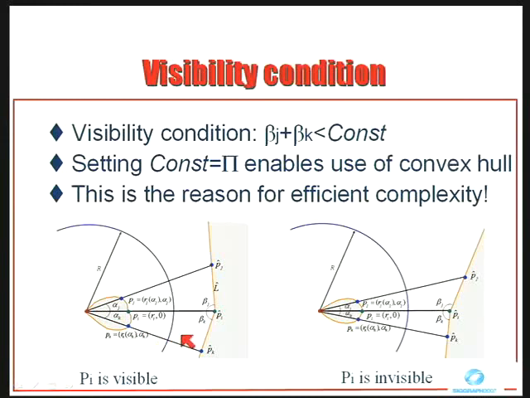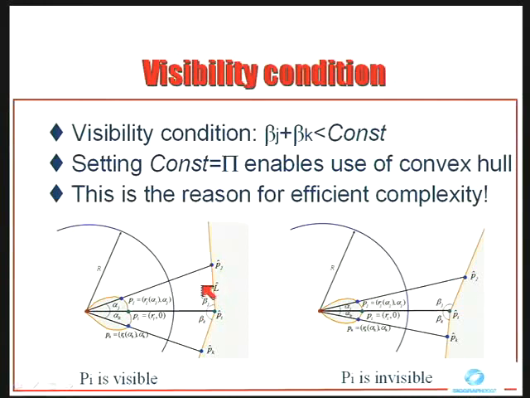So to say that a point is visible, we'd like to say that this bounded area is large enough. The amount of visibility is determined by the size of this curve. In other words, we need to set a visibility condition on the sum of the angles beta created by the transformed line.